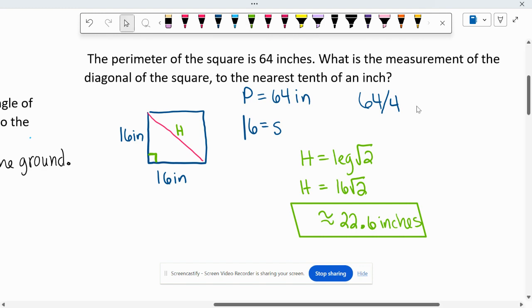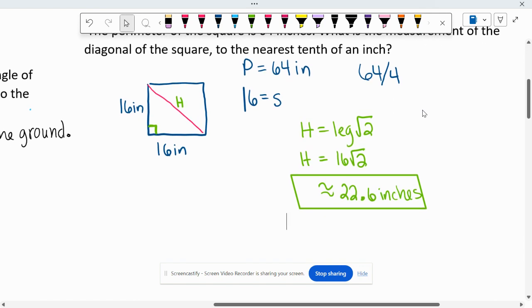I have one more, and it's going to be a rectangle.